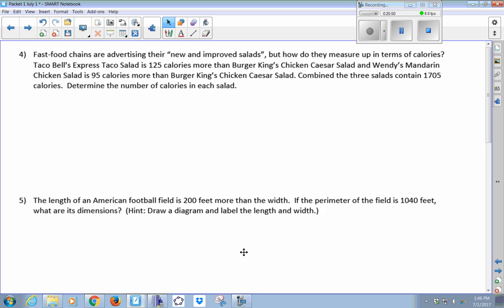So Taco Bell Express taco salad is 125 calories more than Burger King's chicken Caesar salad. All right, so there's a beginning. The number of calories in the Taco Bell salad is more than the number of calories in the Burger King.